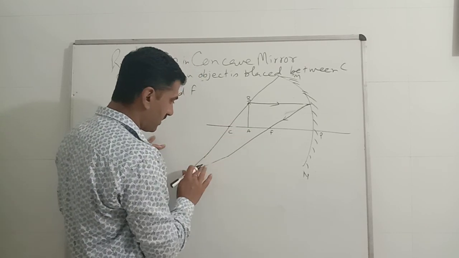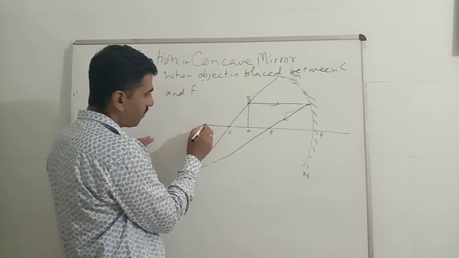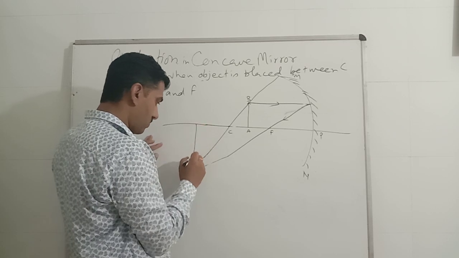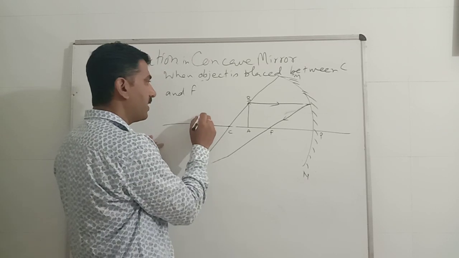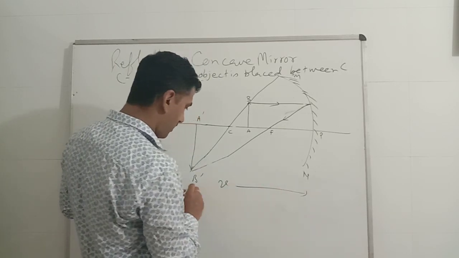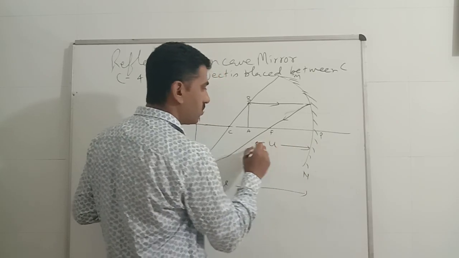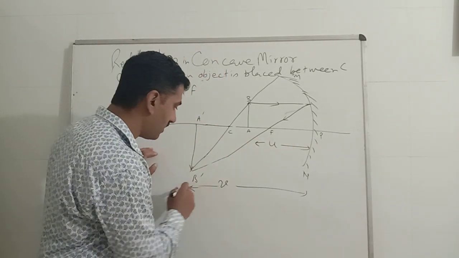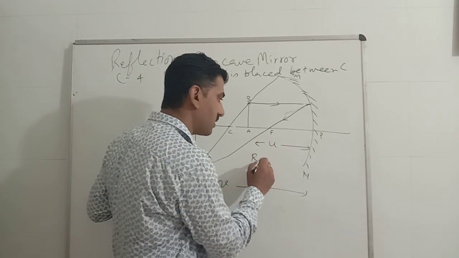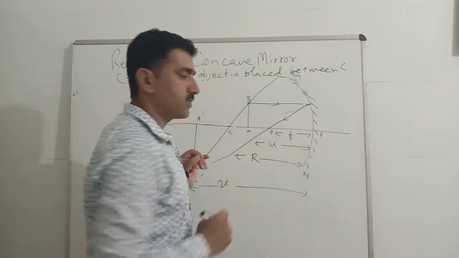Where they meet, that is where the height of the image will be formed. So this is your image A dash B dash. So this V will be a little bigger than your U. This is your U negative, V negative once again. This is your R, center of curvature. This is your focal length from focus.